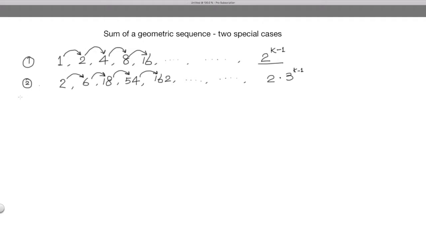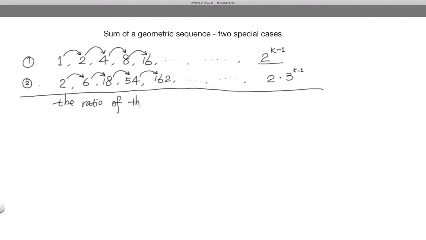And the general pattern of such sequences is the ratio of the next term over the current term is a constant. Okay, so that's a pattern of a lot of sequences.